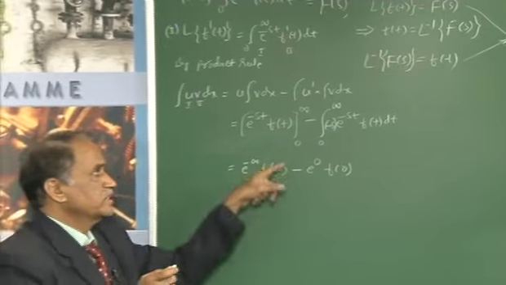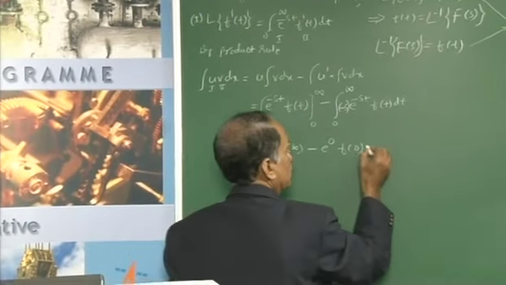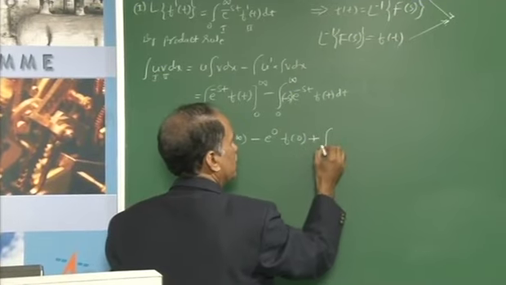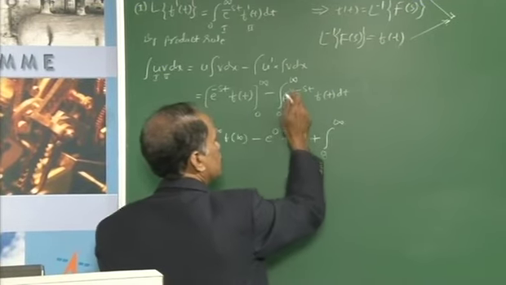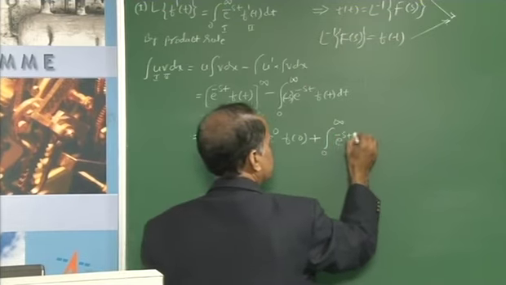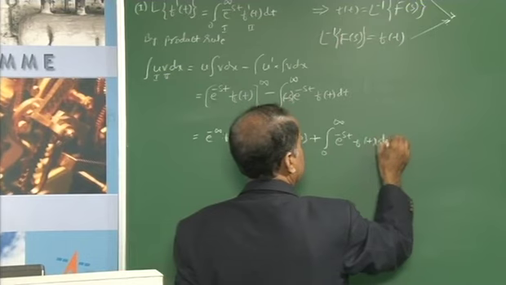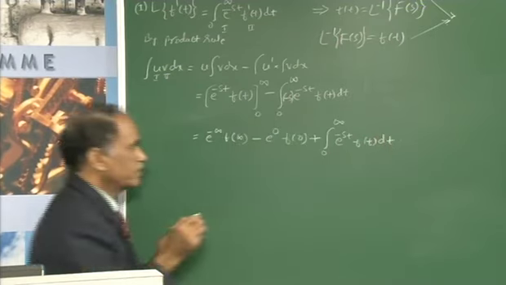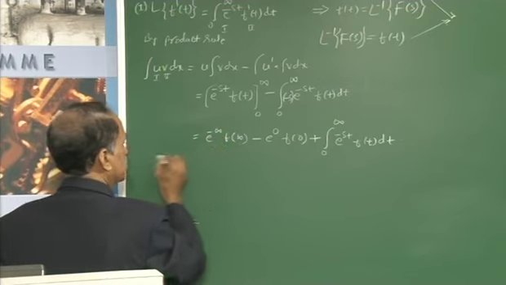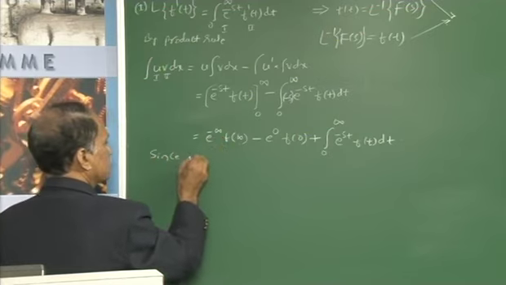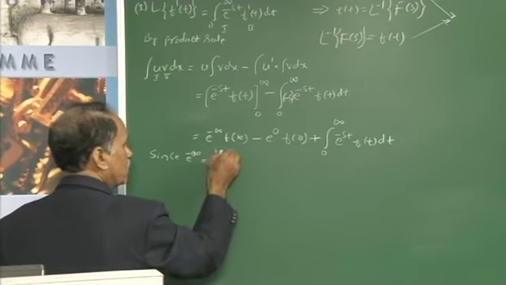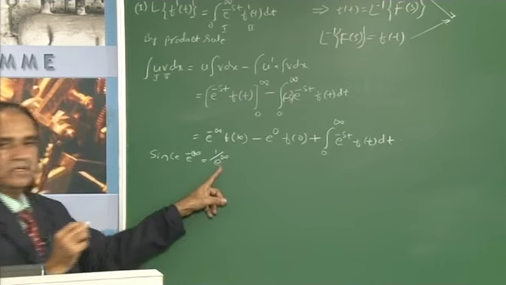Application of these two limits is over. This minus and one more minus becomes plus sign, inside the integral symbol 0 to infinity e to the power minus st f of t dt. But in this case e to the power minus infinity is 0, that means 1 divided by e to the power infinity.